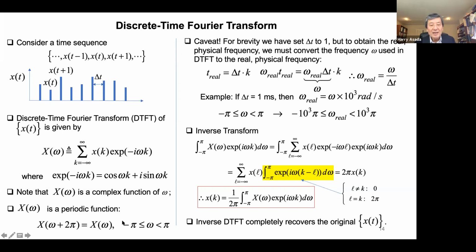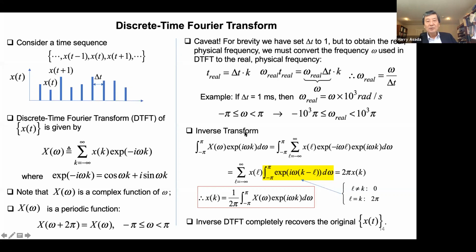So even though the range is minus pi to pi, real omega spans minus 3,140 radians to plus 3,140 radians. That's the real physical range. But we normalize it by setting delta t equal to 1, and put everything between plus and minus pi. That is what we like to use for the discrete time Fourier transform.